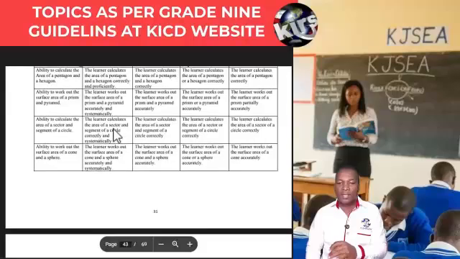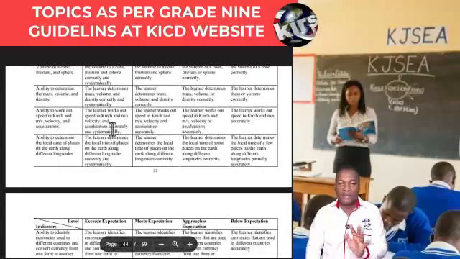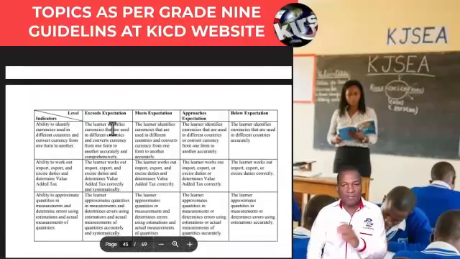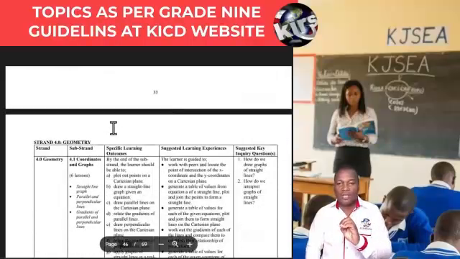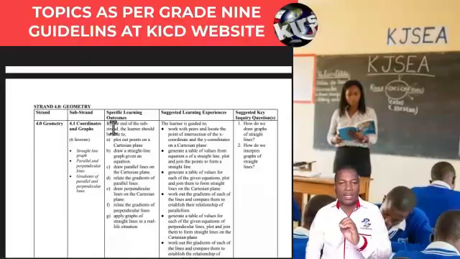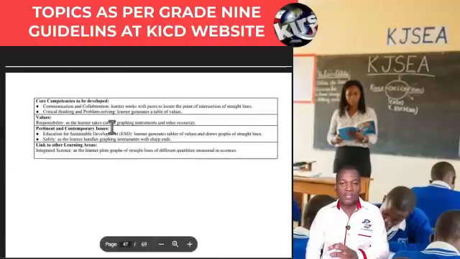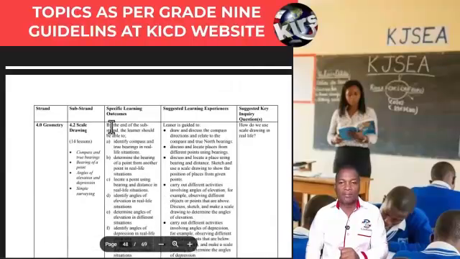I think, viewers, I have just illustrated enough information to show that whatever we have in this guideline for KJSEA, most of the work which is done in Form 1 and 2 in 844 is supposed to be covered by the time someone is in grade 9.